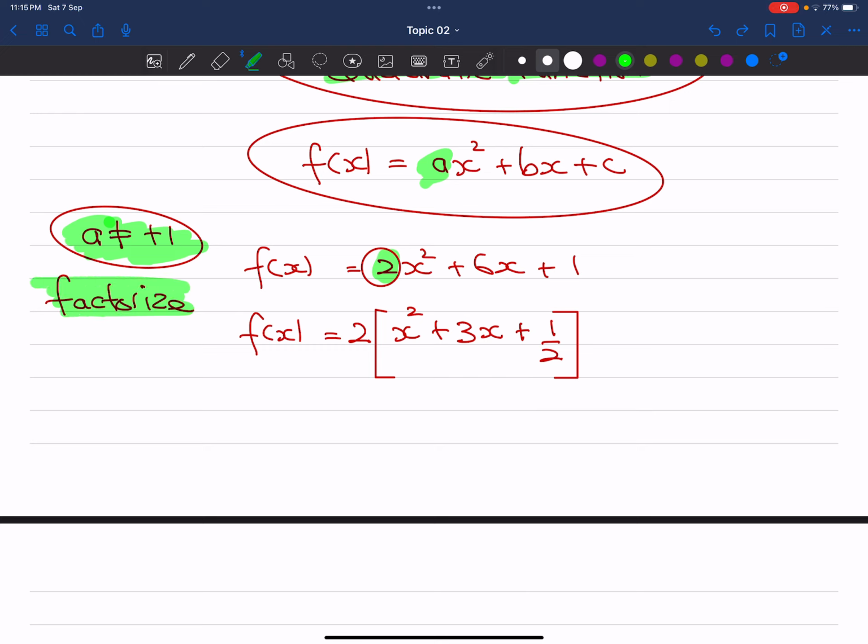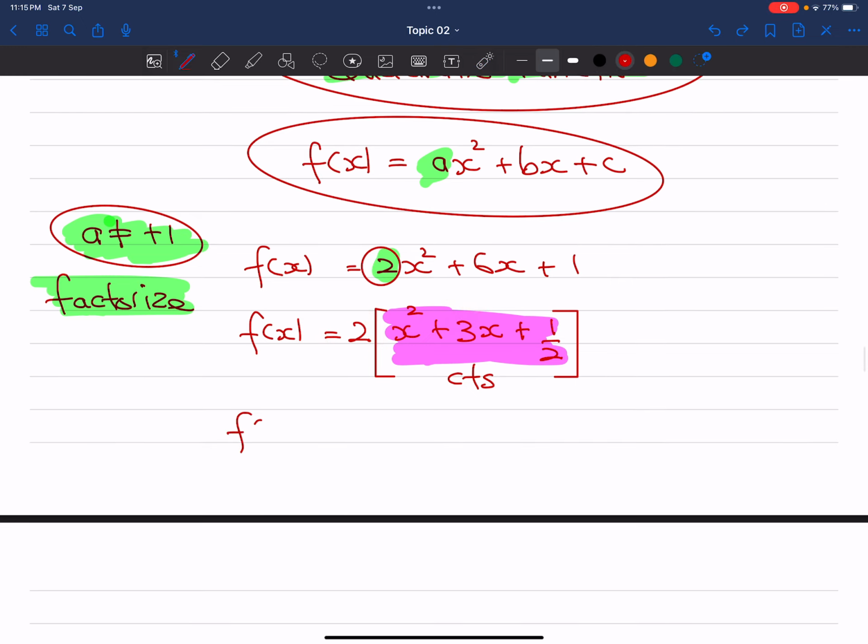We have already finished the factorizing. We are going to complete the square inside the brackets, and then we will take the 2 back inside. So let us do that. f(x) equals 2, put back the square brackets.